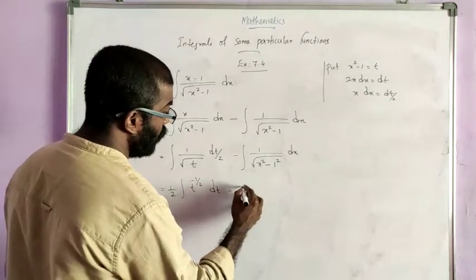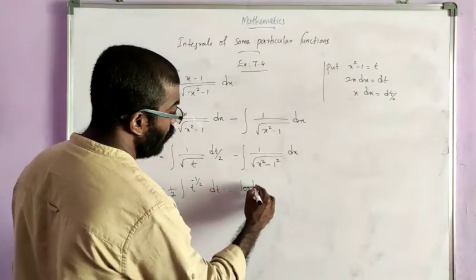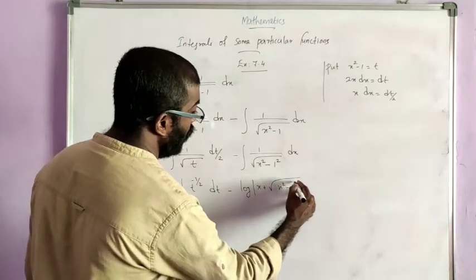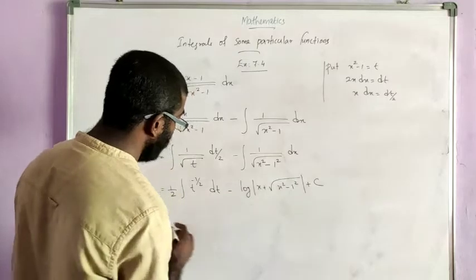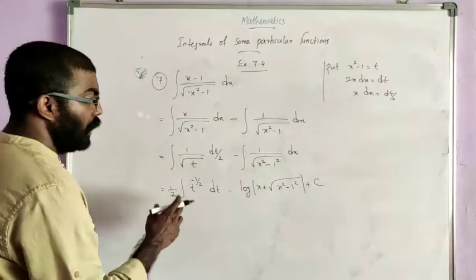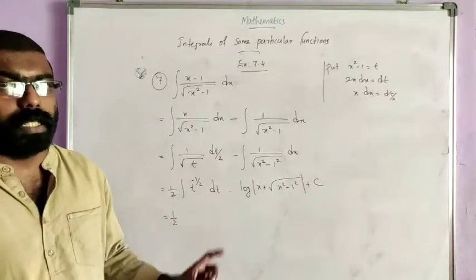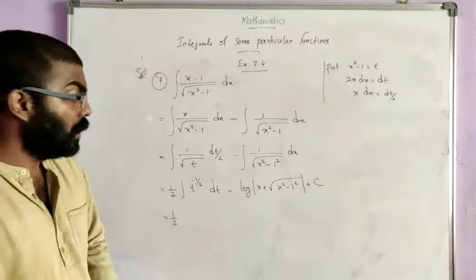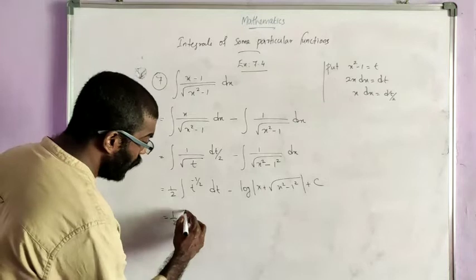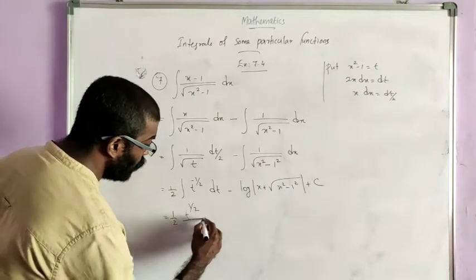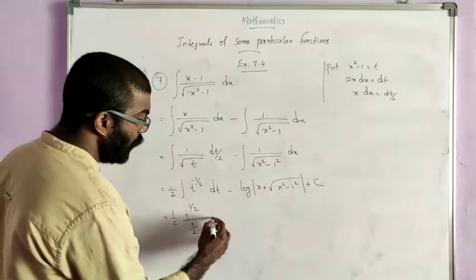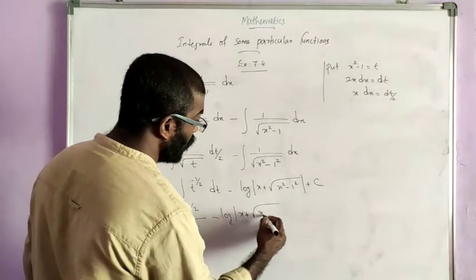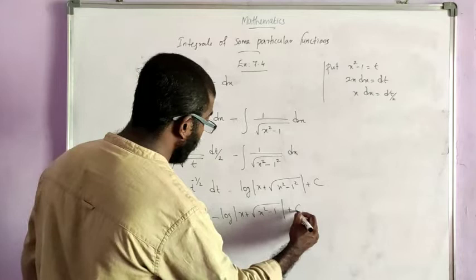Here we can apply the formula log mod x plus root of x square minus a square plus c. 1 by 2 integral t raised to minus 1 by 2 plus 1 divided by minus 1 by 2 plus 1. Minus 1 by 2 plus 1 is what? 1 by 2. So t raised to 1 by 2 divided by 1 by 2, then minus second term log mod x plus root of x square minus 1 plus c.